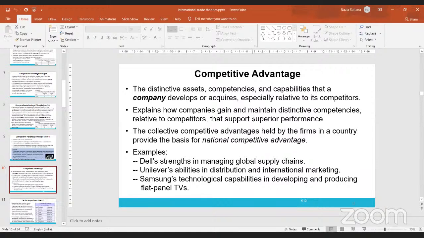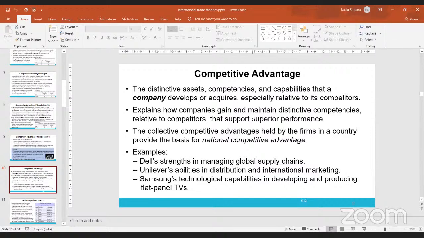A competitive advantage basically explains the strength of a country, of all the companies put together in a country, which gives the country itself the strength. So you are talking about distinctive assets, competencies, and capabilities that a company develops and acquires in relation to its competitors. That particular competency, asset, or capability will give advantage to that company over other companies.